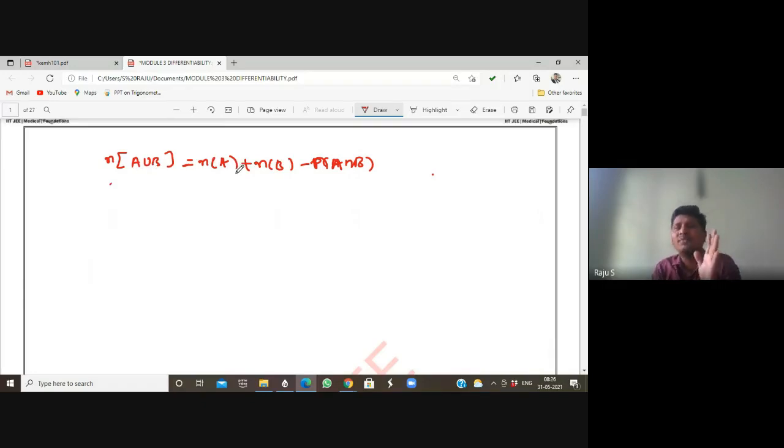I'm going to write the first formula: n of A union B is equal to n of A plus n of B minus n of A intersection B. Here n is nothing but the number of objects: n of A union B is the number of objects in A union B, n of A is the number of objects in A, n of B is the number of objects in B, and n of A intersection B is the number of elements in A intersection B. A comma B here must be two non-empty sets.